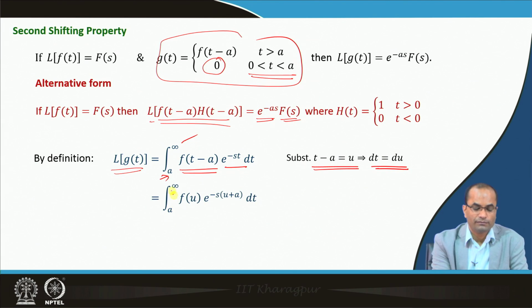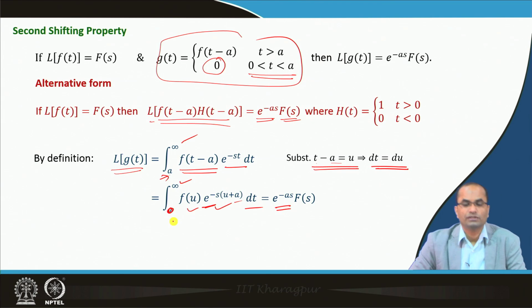So, when t is a, then u will become 0, and when t is infinity, u will also be infinity. Then we have f(u) and e^(−s(a + u)) du. So, here e^(−as) we can bring out and then the remaining part is just F(s), the Laplace transform of f(t).